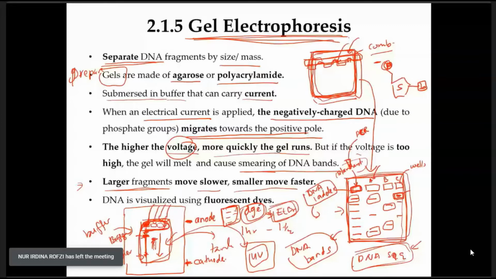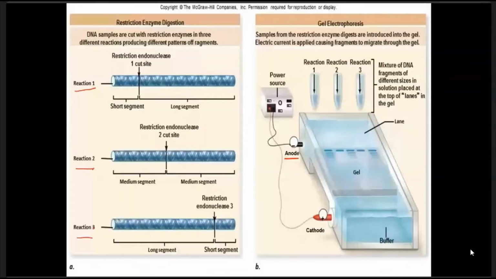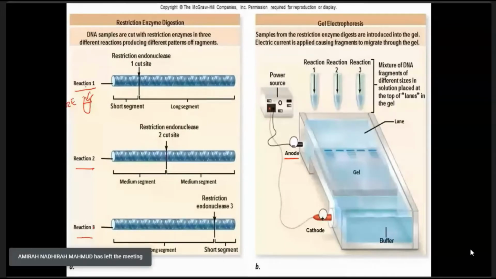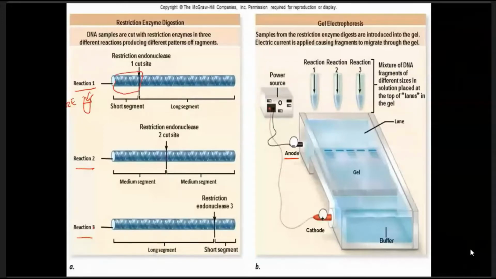The first sample of DNA is in the test tube. Okay, awak letak dalam test tube sampel ni, and then you insert also restriction enzyme. The restriction enzyme that you have mixed with sample 1 will cut the DNA into 2 fragments. One short fragment and the other a long fragment, bigger size.